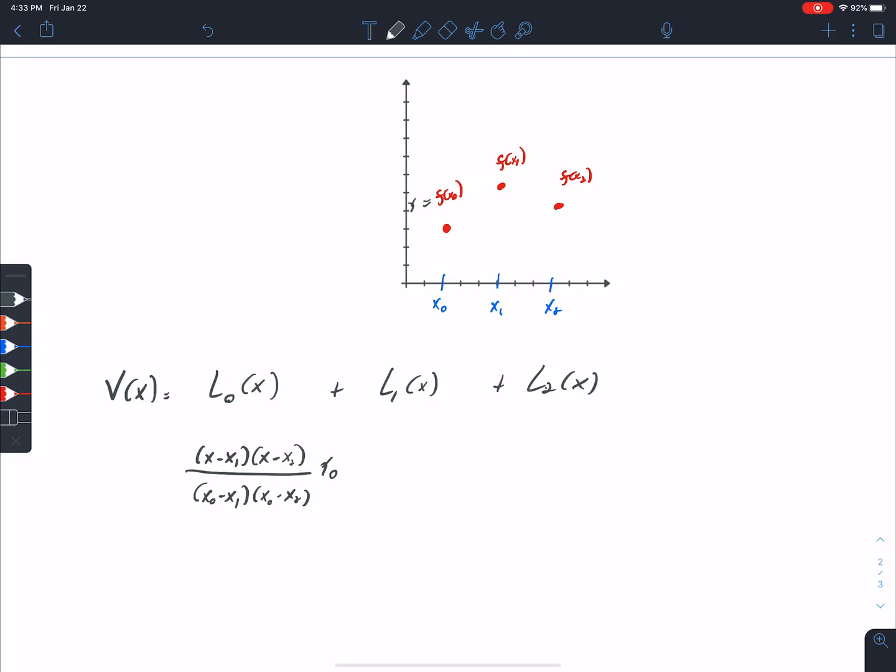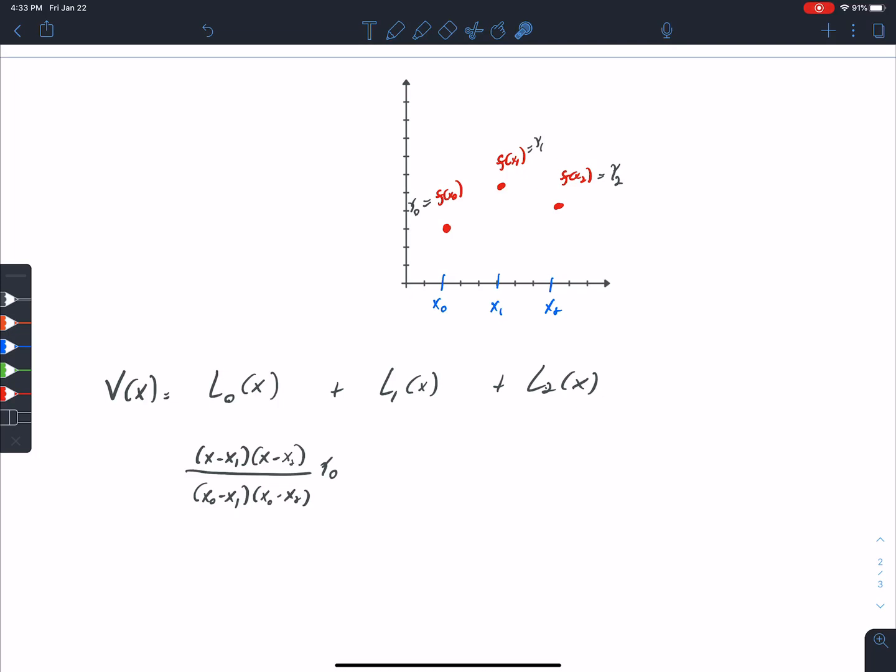We call this y0, and we call this y1, and we call this y2. So that's correct. Let's plug in the values for x1 and x2, and hopefully we'll get 0. If we plug in x1 here, x minus x1 is 0. So everything else, so long as there are no zeros in the denominator, we are in business. The whole thing will be 0.